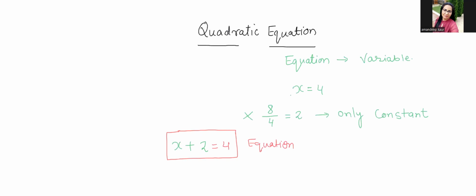Now, the title of today's topic is quadratic equation, so let's discuss what we mean by the word quadratic. Let me take another page. Let me write two equations. The first is the same as before, x plus 2 equal to 4.